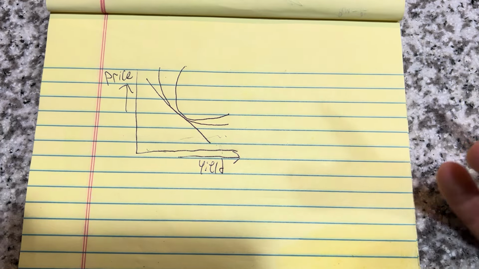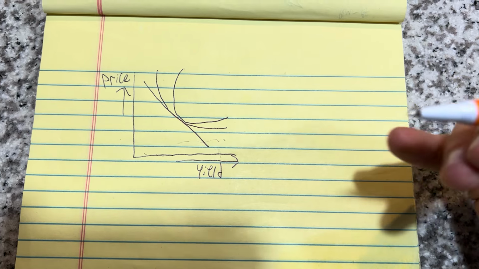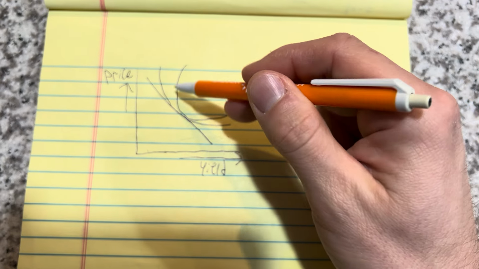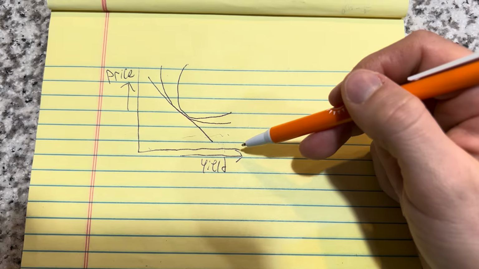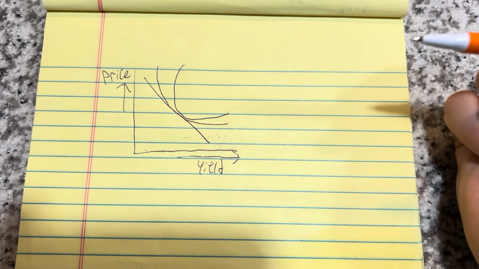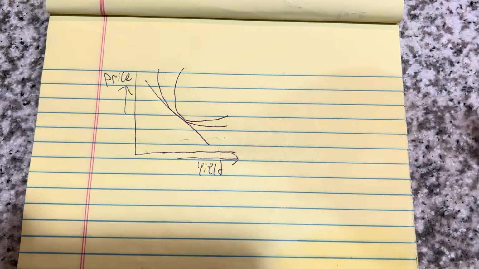So generally, more convexity is more favorable. It's a more stable price for the bond. Look, if I have more of a convex shape here, as the yields go up, I don't lose as much on my price, and as the yields come down, I gain more. So that's the benefit of convexity.